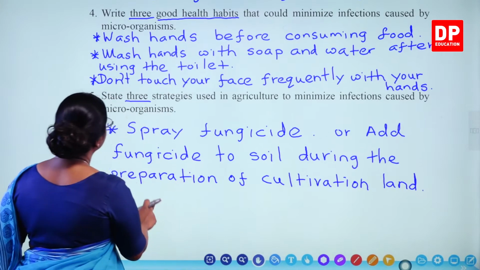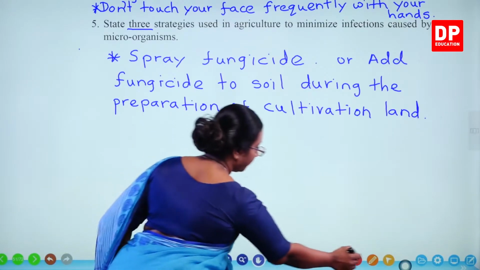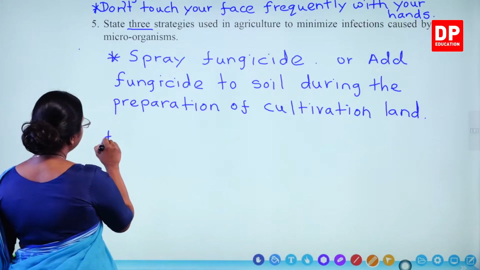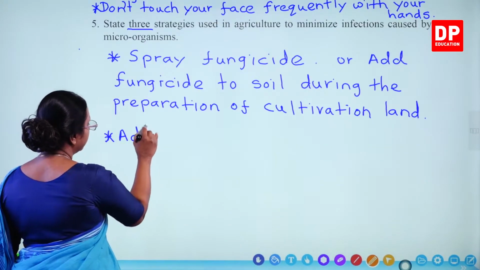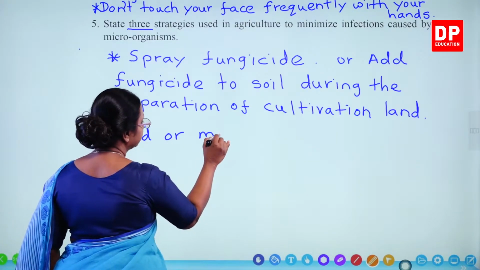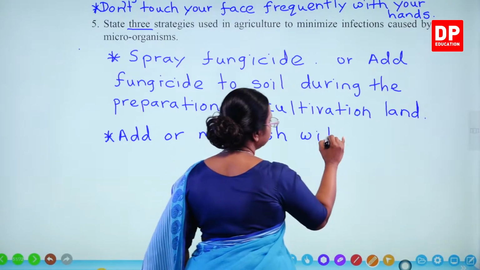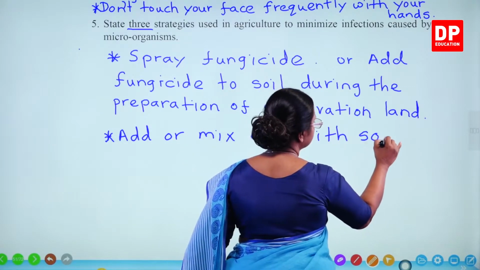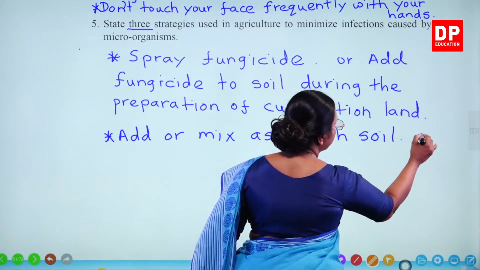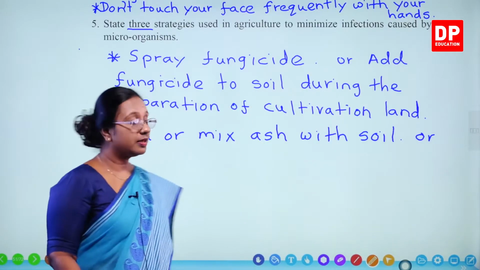What is the other one? We need to write 3. Again, add or mix ash with soil. Or the other method, what is it?